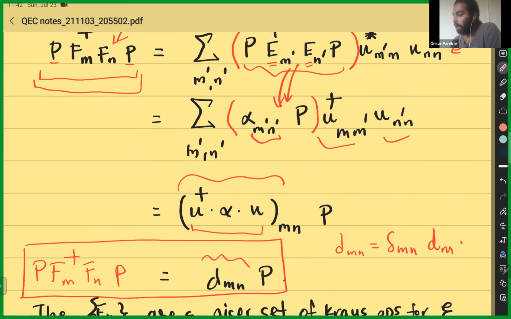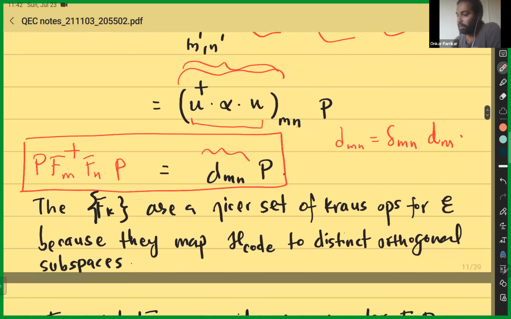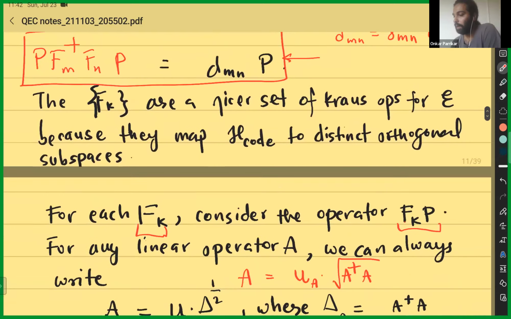And then the U's were chosen to diagonalize alpha, so that a quick calculation will show you that the Knill-Laflamme condition in terms of this F basis of Kraus operators becomes diagonal. Okay, it's this. So it's just a convenient representation for the error channel in terms of which these Knill-Laflamme conditions get diagonalized. So in a sense, these F_n are nicer Kraus operators.